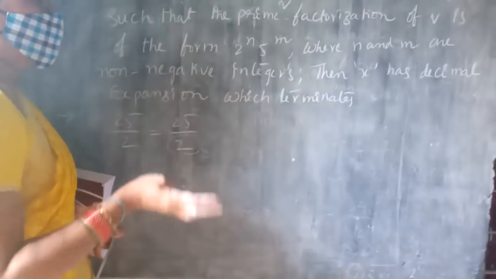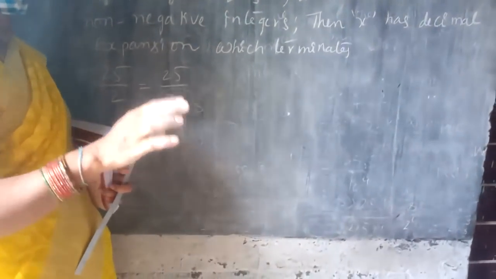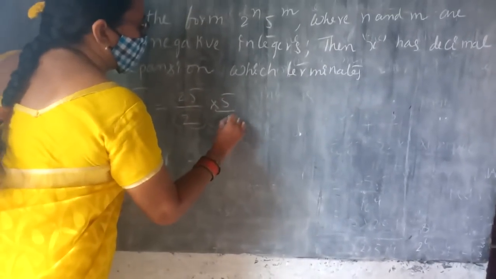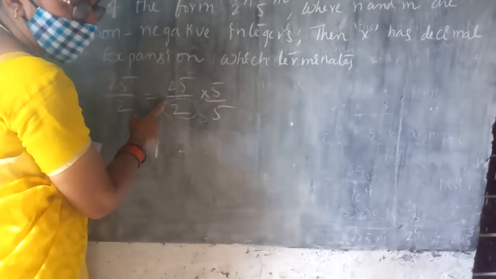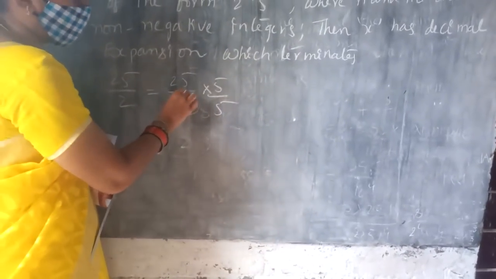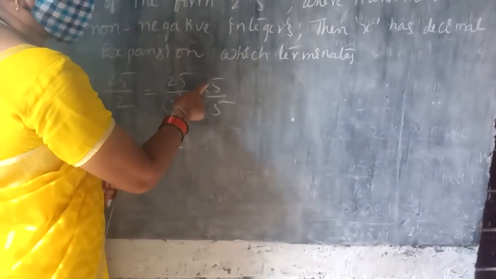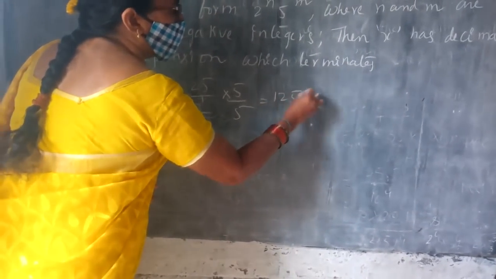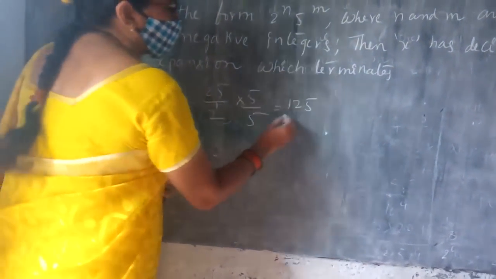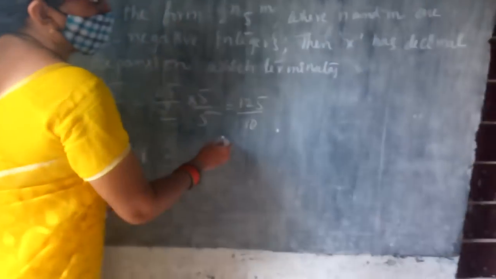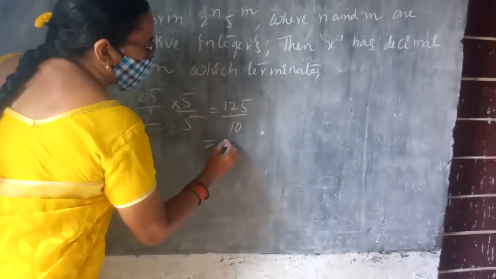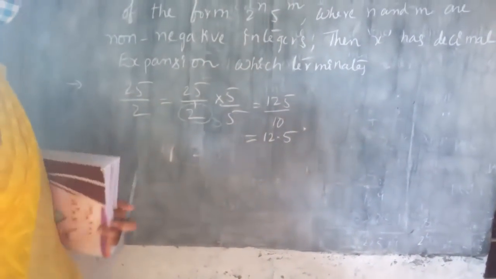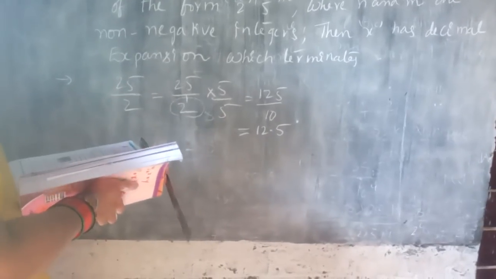What do we do? We multiply by 5 in both numerator and denominator, 5 with equal power of 2. What is the power of 2? 1. So we multiply only one 5. 25 fives are 125, by 2 fives are 10. What is the result? 12.5. It is a terminating decimal. See another example.